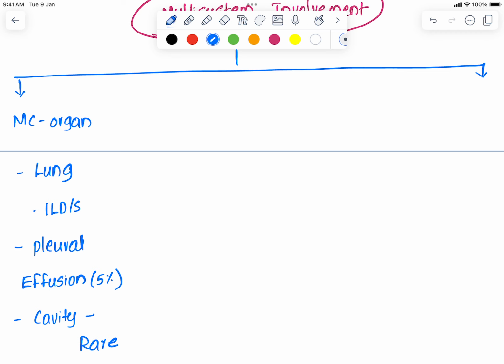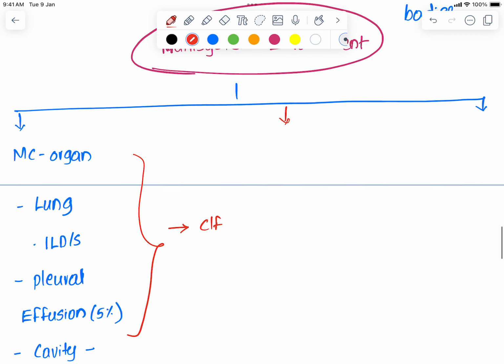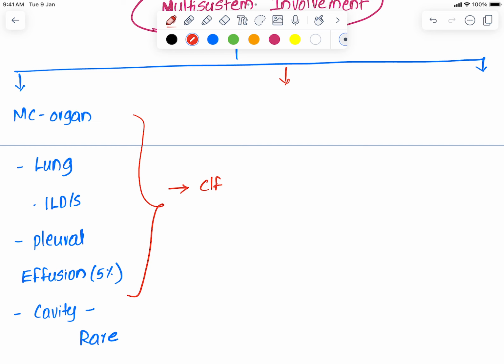Now, because of this lung involvement, what will be the clinical features? The clinical features include progressive increase in cough. Usually it's a dry cough because it is interstitial lung disease, because wherever you have interstitial involvement, it is a dry cough. It is only when alveolar involvement is there that you have cough with expectoration.